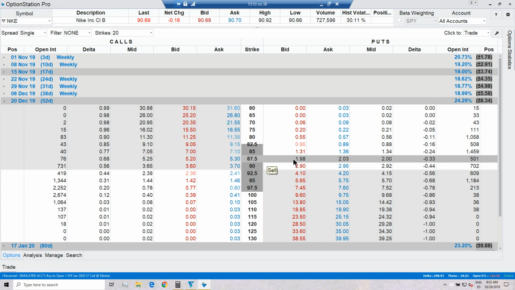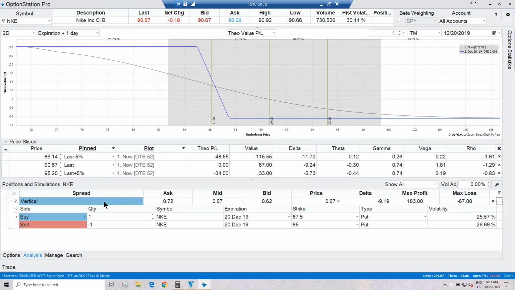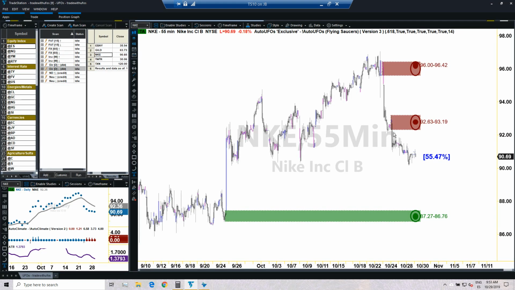So because it's looking good and I have the target and the entry and everything, I'm just going to right click, analyze and buy a vertical spread. In this case, we will do a bear put spread. We'll do a spread instead of a single put because in this case we do have a defined target. So the entry, let me go ahead and look at it again.